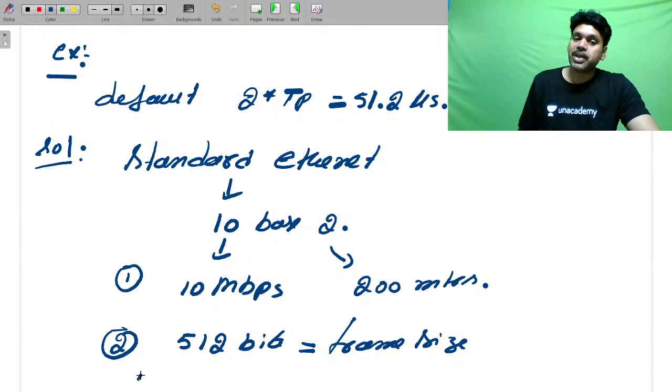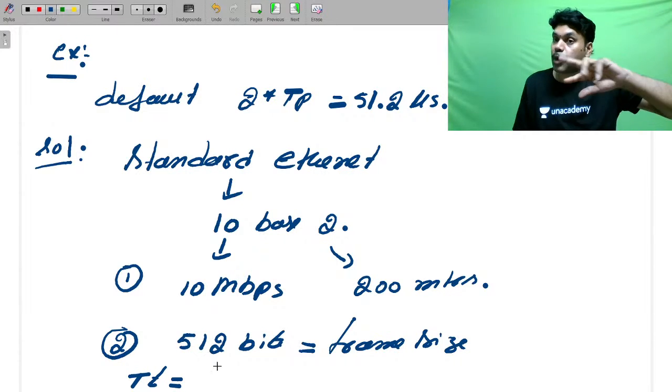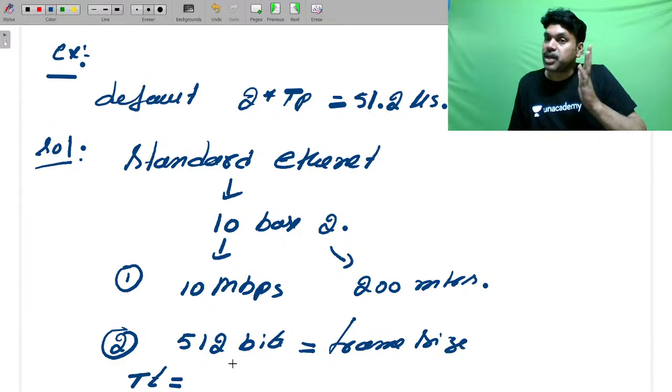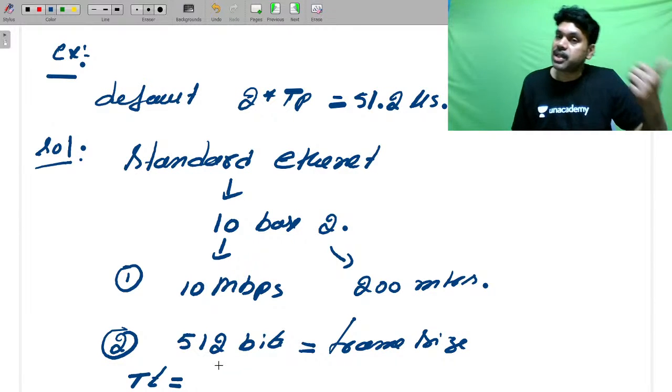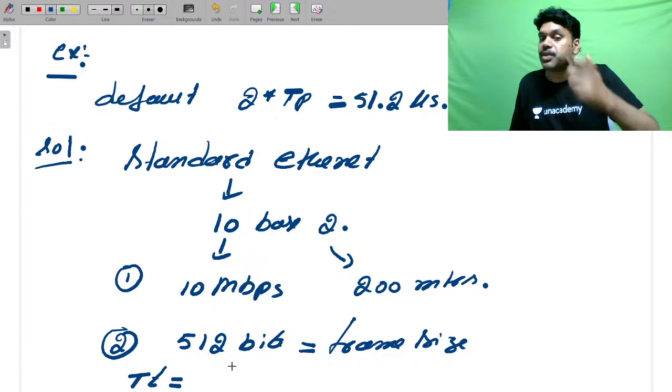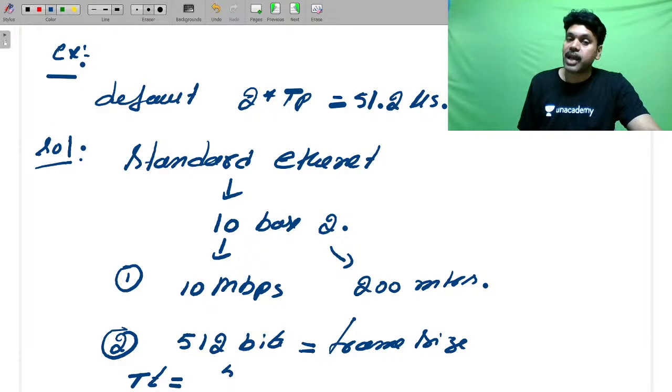So what is your transmission time? Please observe, it is double your propagation time. Your round trip time is nothing but your TT, so your TT is supposed to be double your TP. So your transmission time is 512 bits divided by 10 Mbps, or you can also call it L divided by bandwidth.